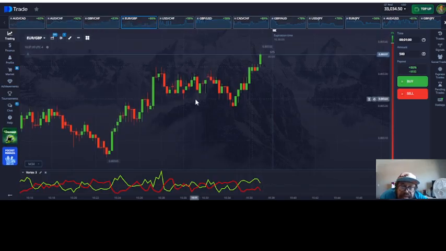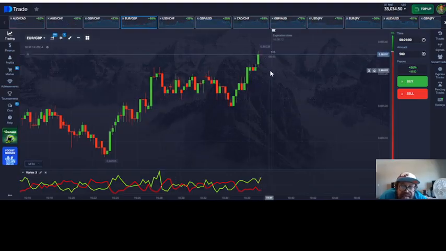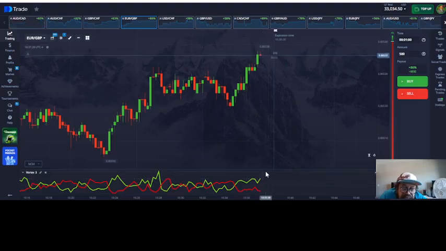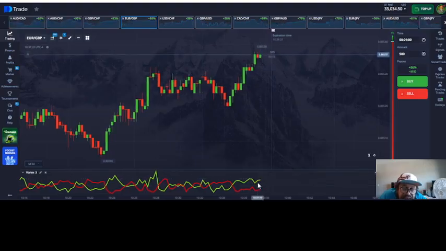But I'm anticipating a reversal eventually here. So let's watch this trade and wait for the cross. I'm looking for the red VI line to cross the green VI line. And as soon as the cross occurs, I'm going to take a sell trade.